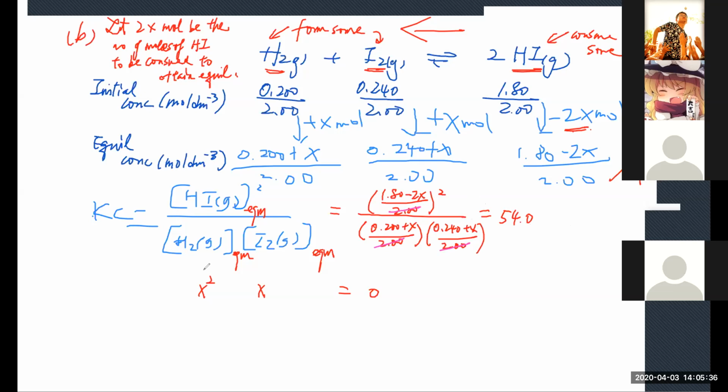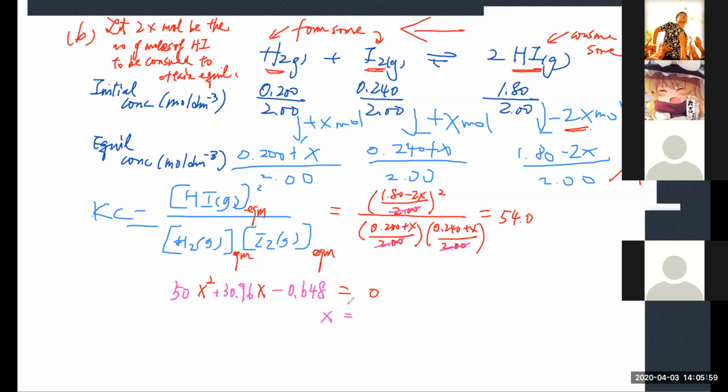So what will you get for this x squared term? This is 50. And then this x term is 30.96, and the constant term is minus 0.648.